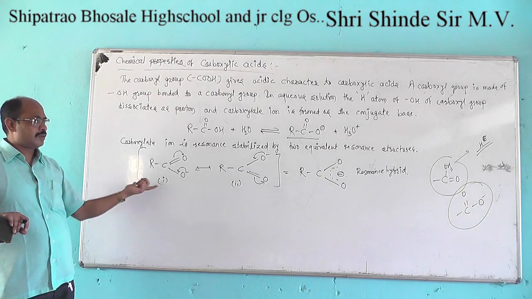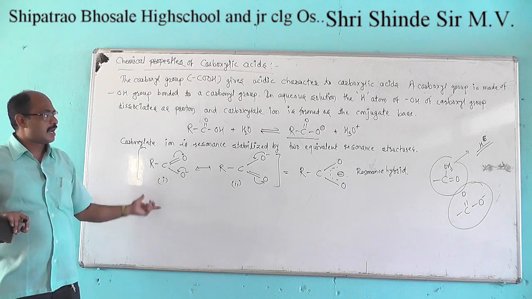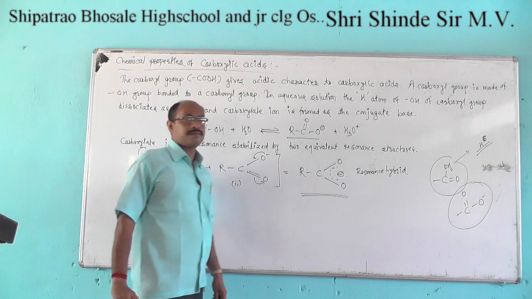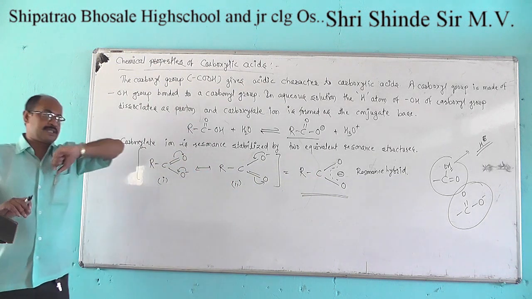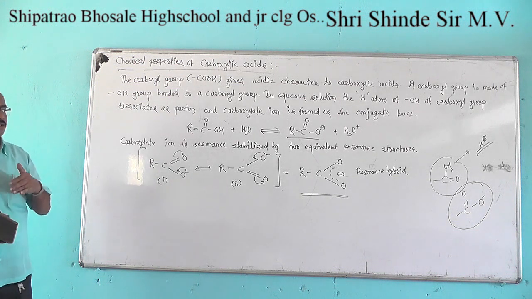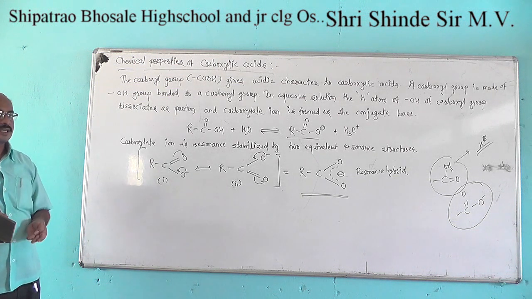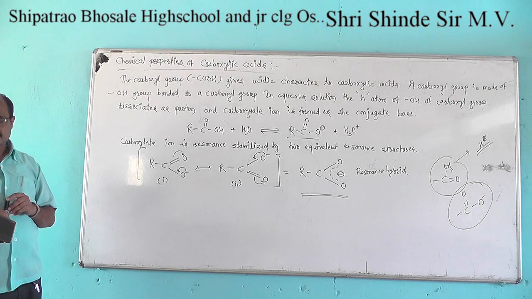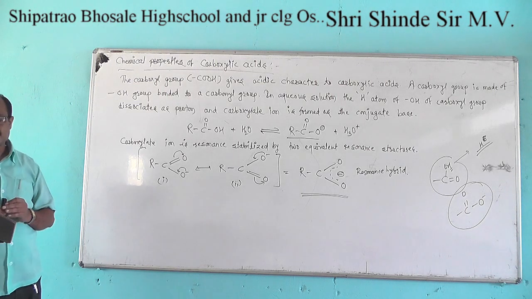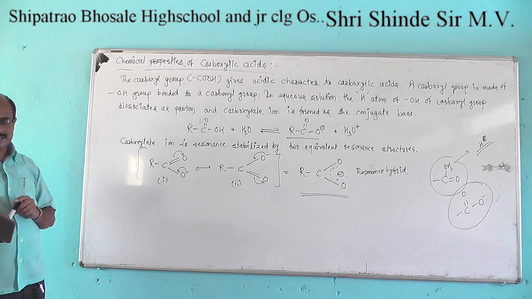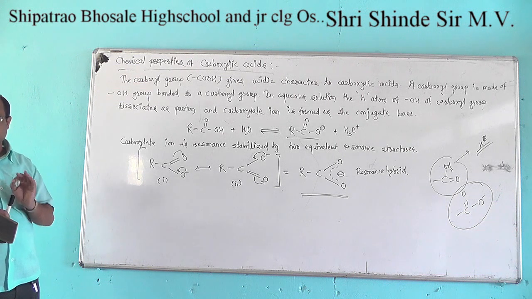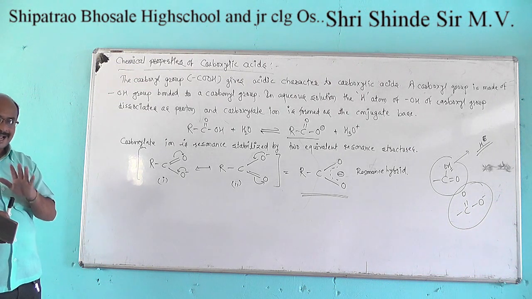This one is the resonance hybrid, which has the delocalization of negative charge on these two oxygen atoms. So we can say that the carboxylate ion has two equivalent resonance structures. This gives a good resonance stabilization to the carboxylate ion, which in turn gives acidic character to the carboxylic acids.